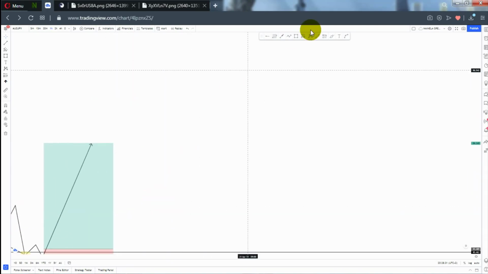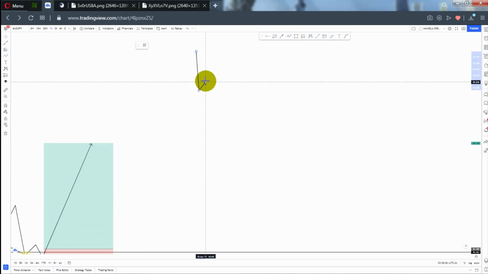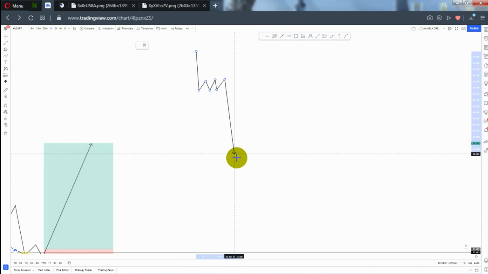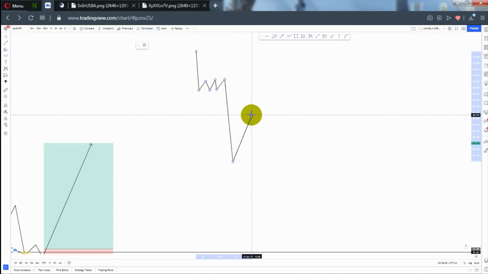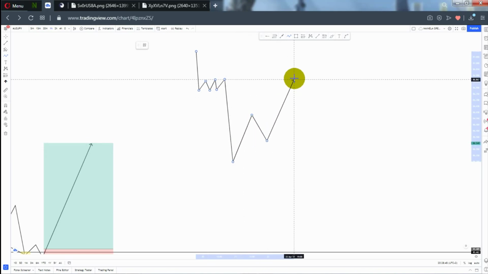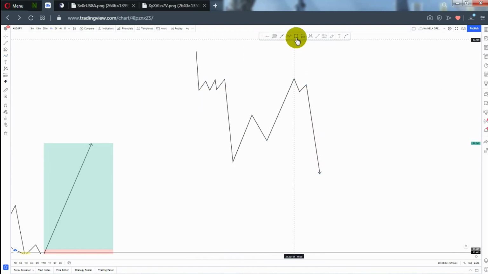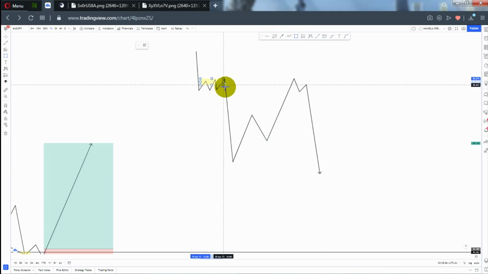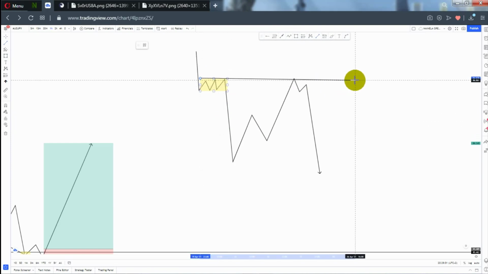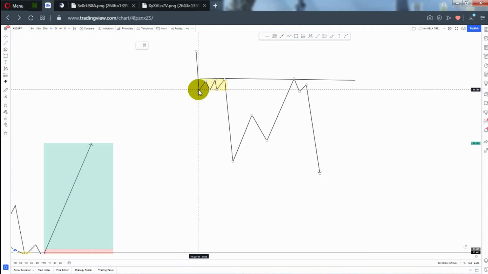Then if we draw the inverse of this one, it will be something like this. As you can see, we have our base. Then you draw your lines here for marking out your supply level.